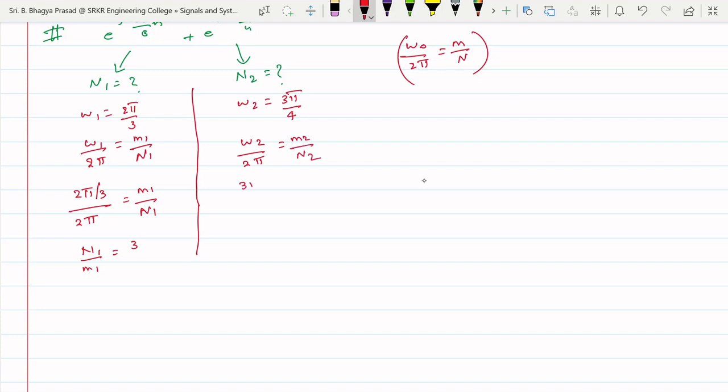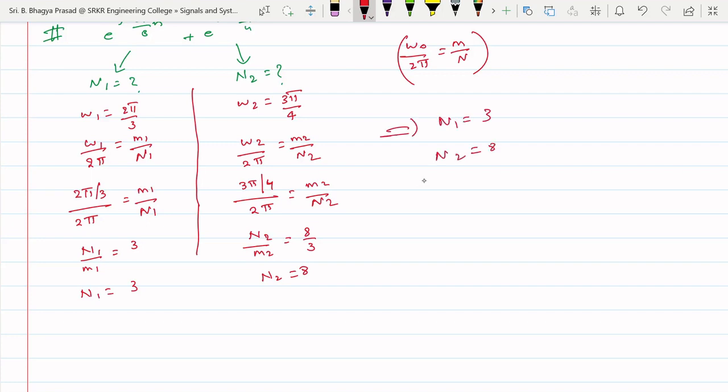Omega 2 is 3 pi by 4 divided by 2 pi equals m2 by n2. So here n2 by m2 is 8 by 3. Here n1 is 3 and n2 is 8.